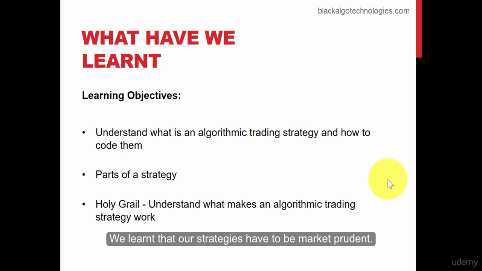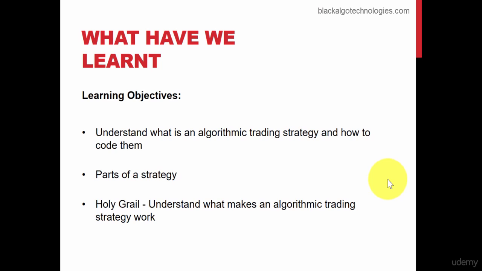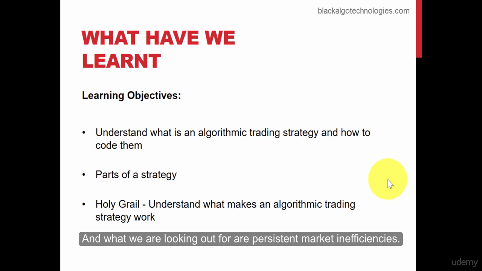We learned that our strategies have to be market prudent. This means that they should rely on some sort of fundamental underlying market logic. And what we are looking out for are persistent market inefficiencies.